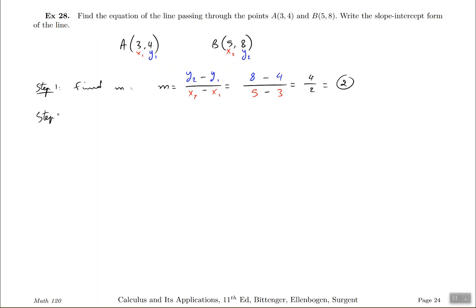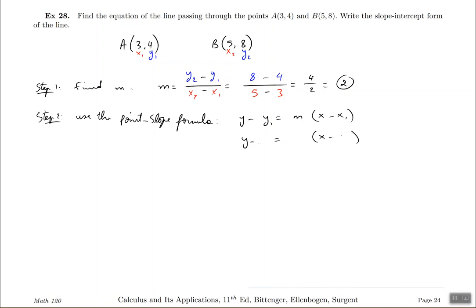Step 2 is to find the equation of the line by using the point-slope formula. What does this point-slope formula say? It says y minus y1 is equal to m times (x minus x1). Keep in mind that y1, m, and x1 are numbers that you either found yourself or that the problem gave you.